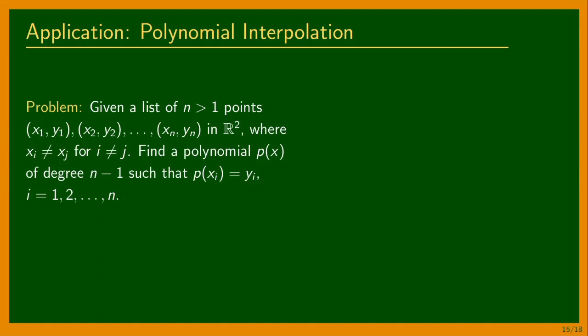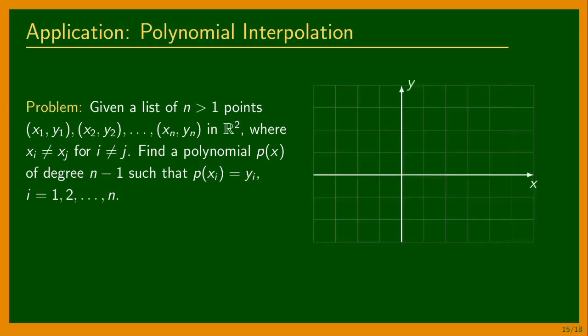It is also given that the x-coordinates are distinct from one another. The goal is to find a polynomial p of x of degree n minus 1 such that the polynomial is satisfied by the points. When you evaluate the polynomial at xi, it will give us yi.